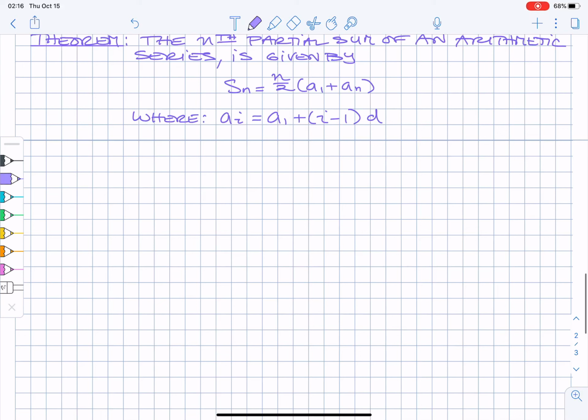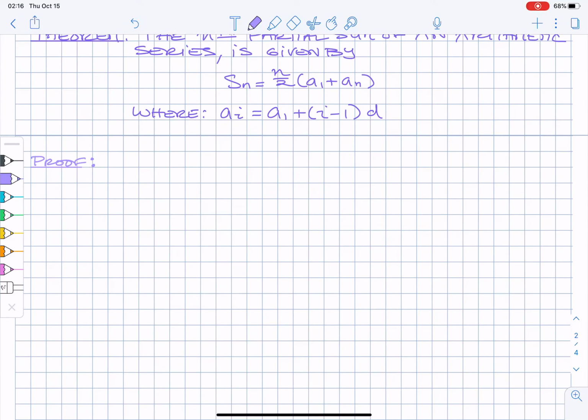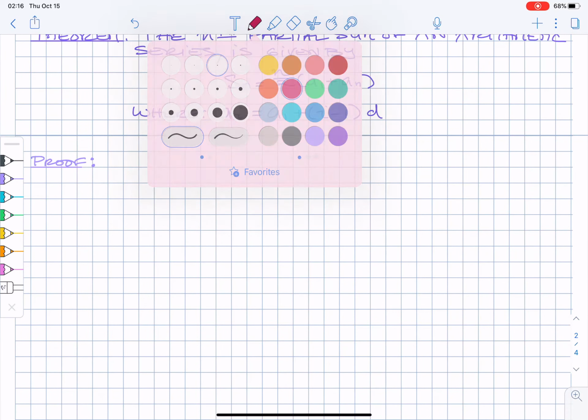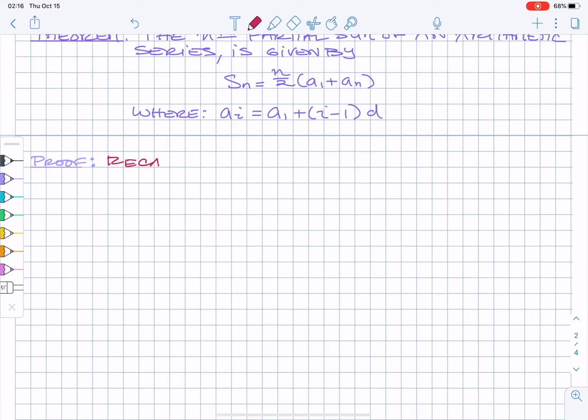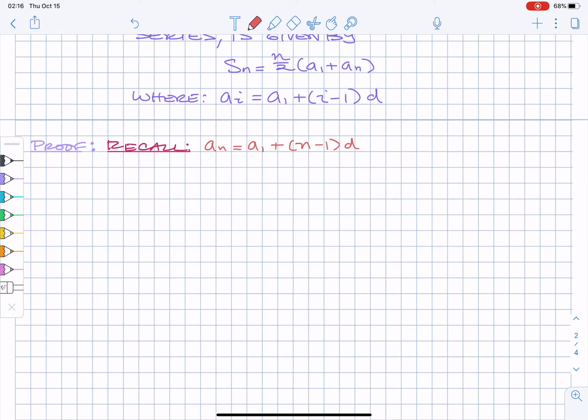So let's prove this. So proof. Okay, so let's recall. We have that a sub n was a1 plus n minus 1 times d for an arithmetic sequence.